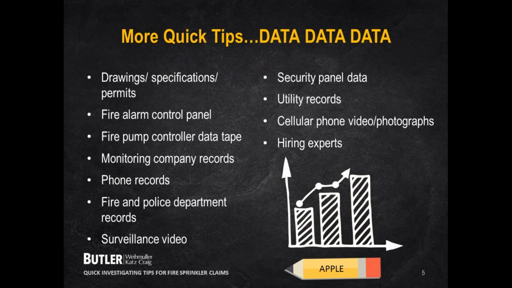The fire alarm control panel has information. It's a controlling component of the fire alarm system, and it receives information from devices of the fire sprinkler system, and it monitors the operational integrity and provides automatic control of equipment. And it's a big source of transmission of information.